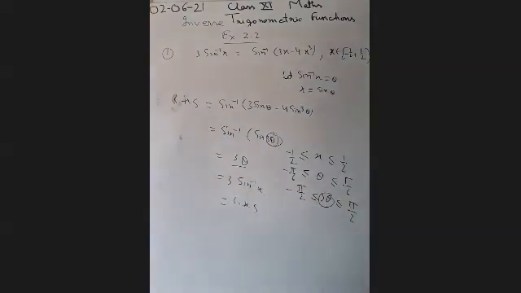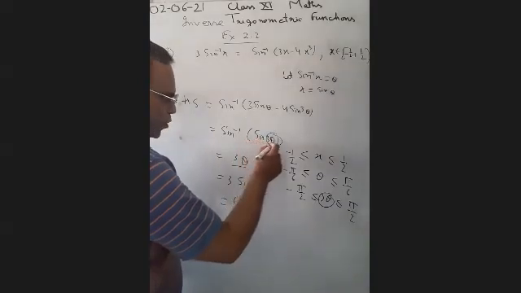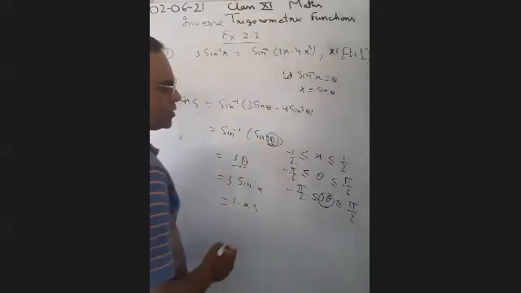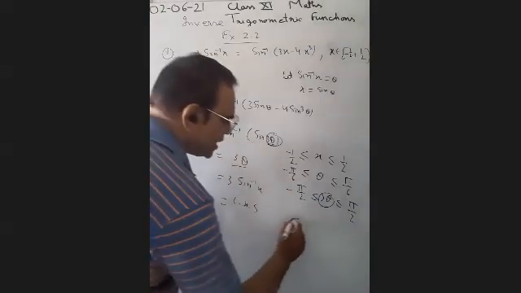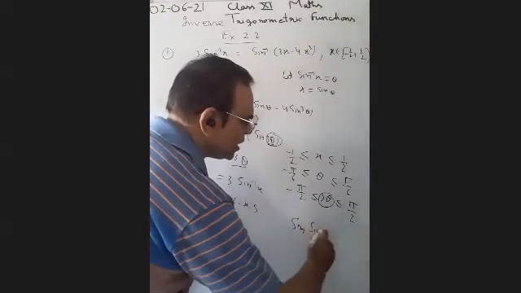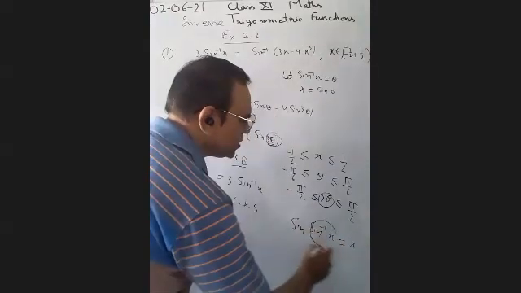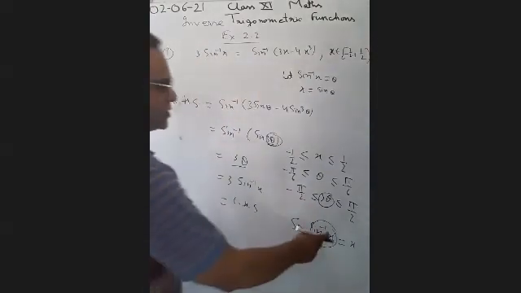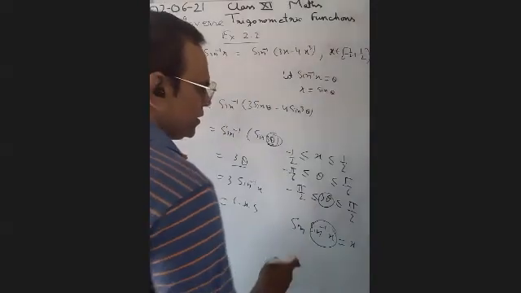According to that, this formula sin inverse sin function: wherever you apply sin inverse sin, the domain should match with the sin function. If you apply sin into sin inverse, it will also be equal to x. But you have to take care of the domain of the sin inverse function. So the domain of sin inverse x will be minus 1 to 1.